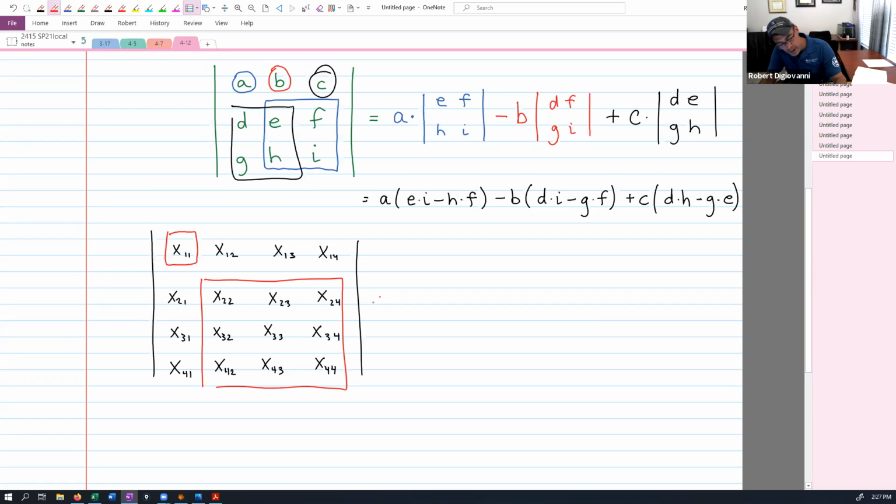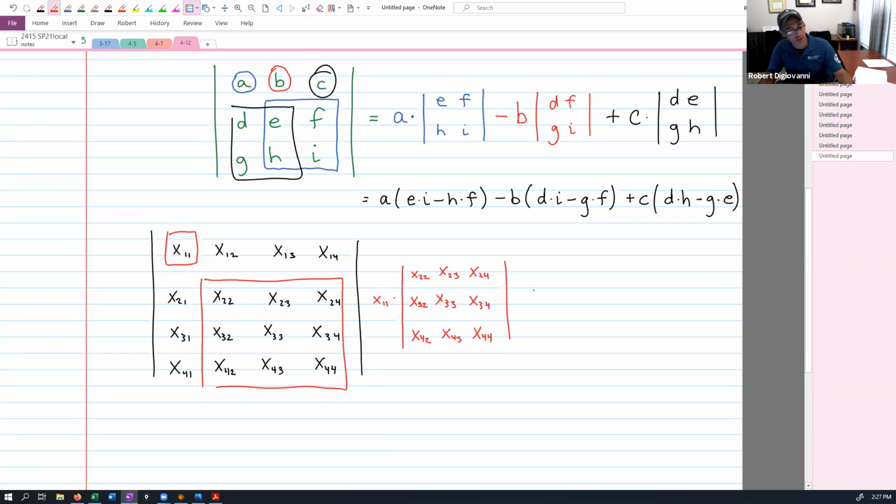So we'll have X11 times the determinant of X22, X23, X24, X32, X33, X34, X42, X43, X44. I didn't get a chance to state that the first number is what row I'm in, and the second number is what column I'm in. So first row, first column; first row, second column; first row, third column; first row, fourth column.